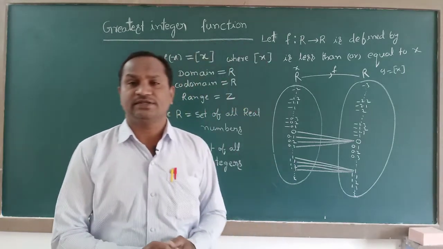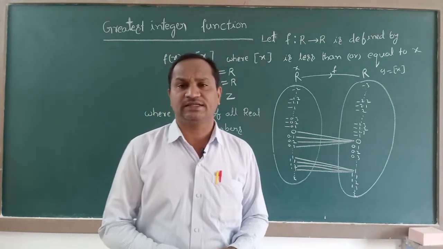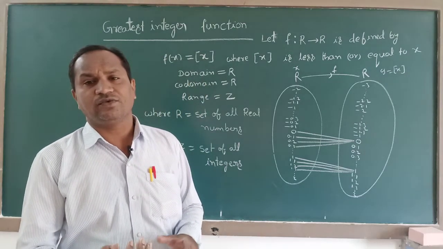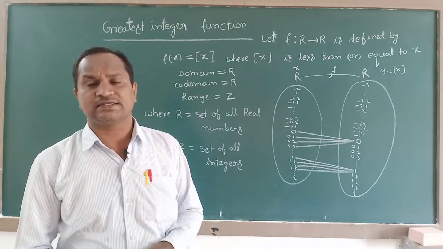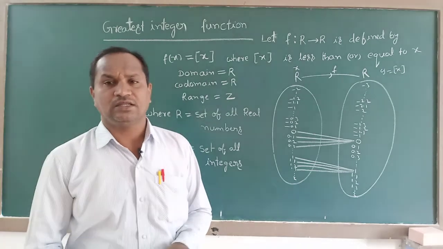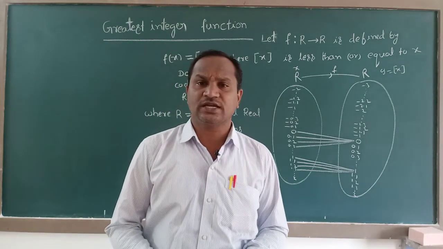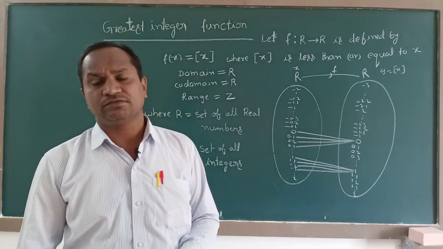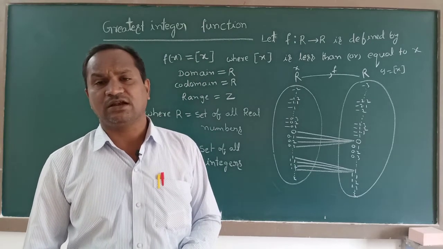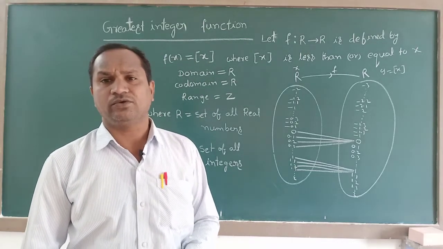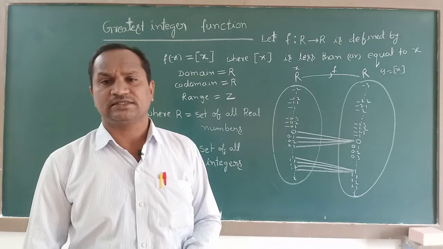Now let us discuss the graph of the greatest integer function. How do we get the graph of the greatest integer function? In the previous class, for all the functions we wrote the graph and drew that graph also. Here also we are going to draw the graph for the greatest integer function.